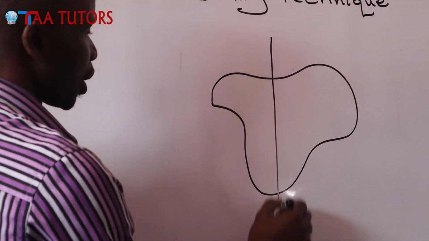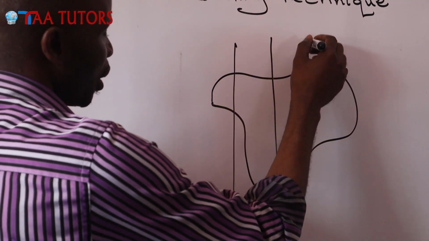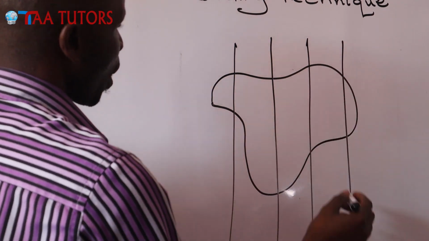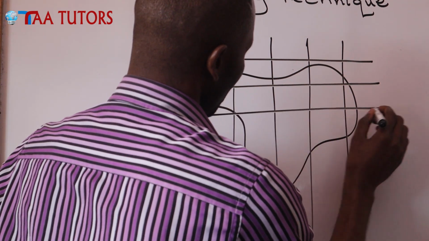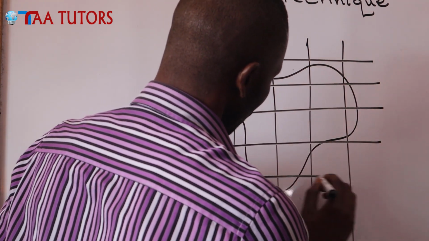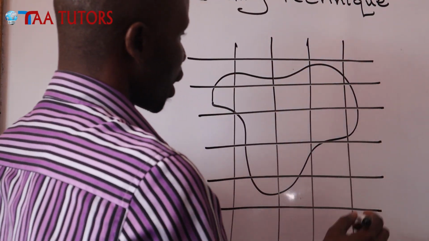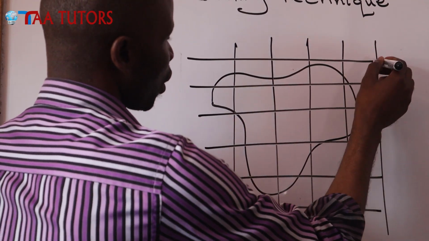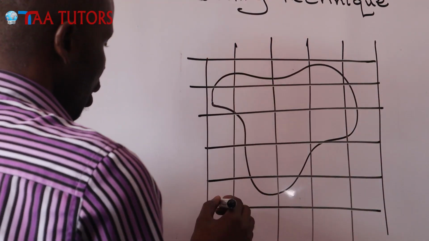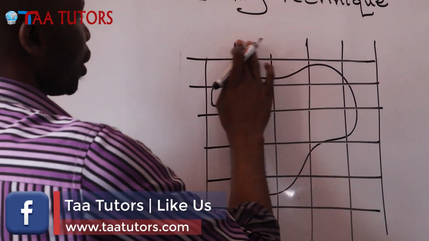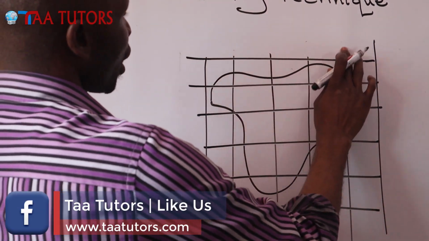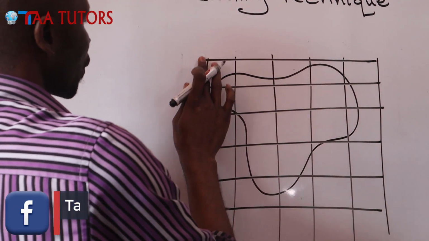These grids are not drawn to scale, but you can try to get ones that are. Assuming these boxes represent equal squares enclosing this region.